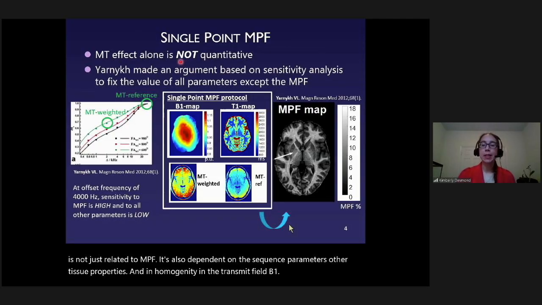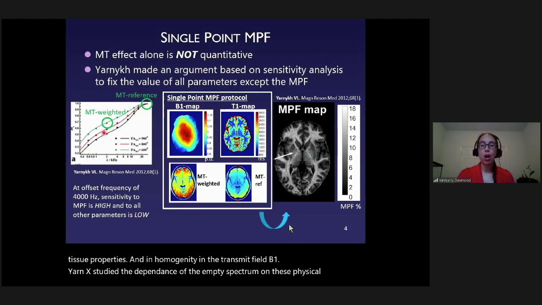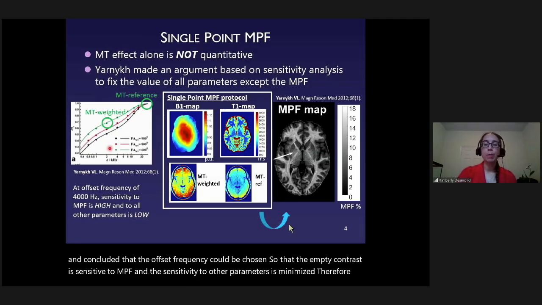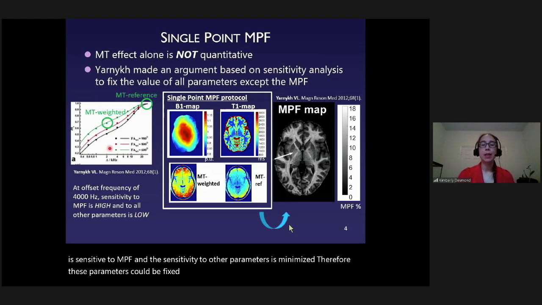Yarnykh studied the dependence of the MT spectrum on these physical parameters and concluded that the offset frequency could be chosen so that the MT contrast is sensitive to MPF and the sensitivity to other parameters is minimized. Therefore, these parameters could be fixed with minimal effect on the MPF estimate.